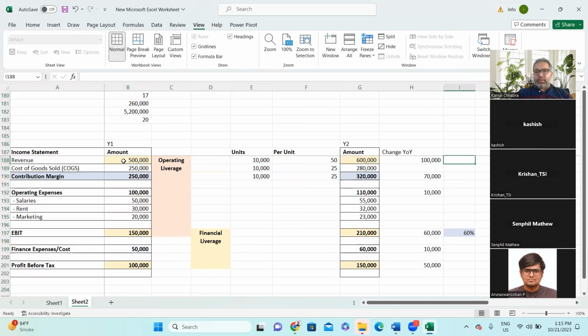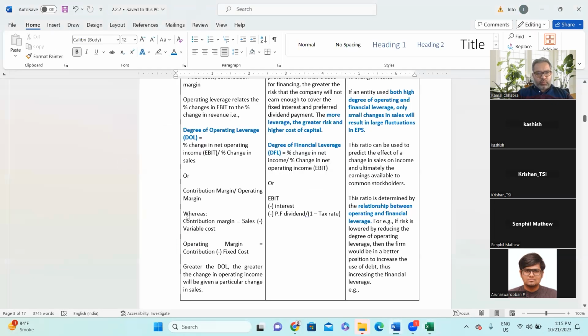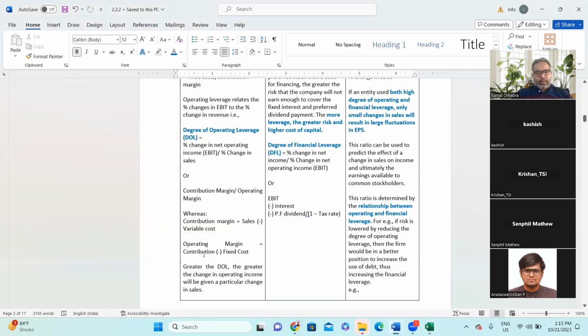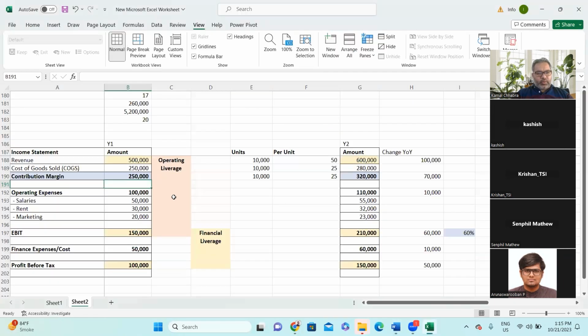So what they're saying is contribution margin divided by operating margin. So operating margin is here contribution minus fixed cost. So this is your fixed cost. It means EBITDA.